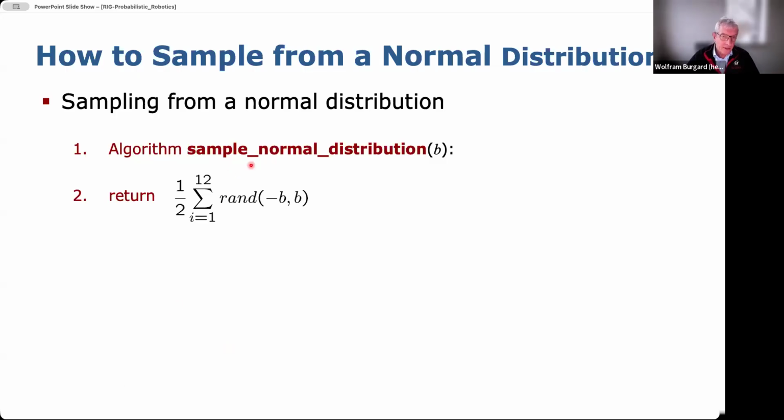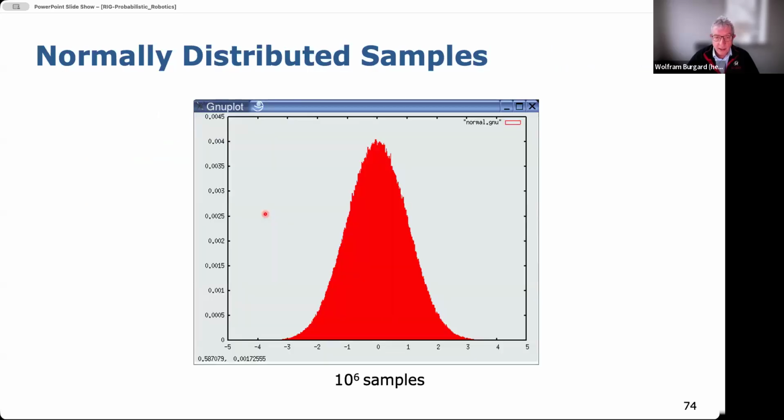You can, for example, sample from a normal distribution by just using this function over here. It is relatively efficient. Here's one example with 1 million samples sampled from this function. It actually looks relatively nicely like a Gaussian.